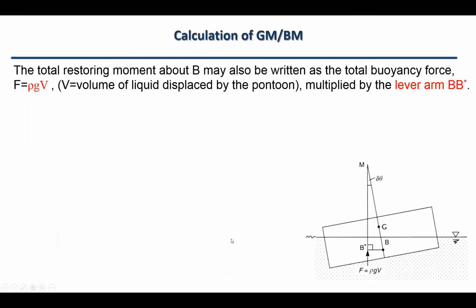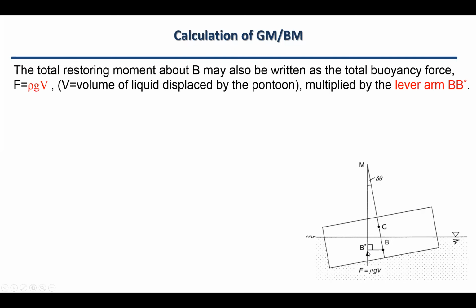On the other hand, if you look at this example, the total restoring moment about point B can be written a different way, based on the total buoyancy force. The restoring moment can be written as the force F times the lever arm, the buoyancy force lever BB star.